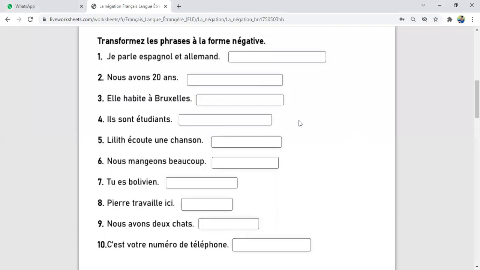Now we are going to do a small activity. Please write down these 10 sentences and write down the question.